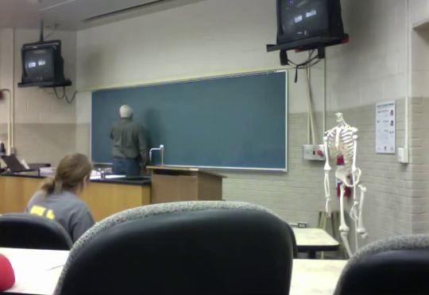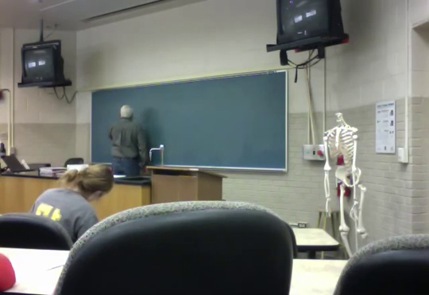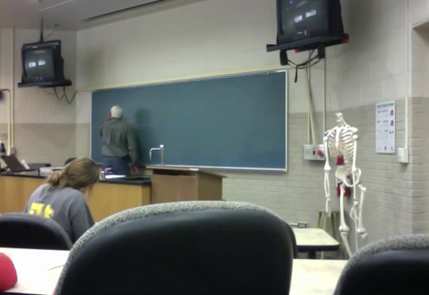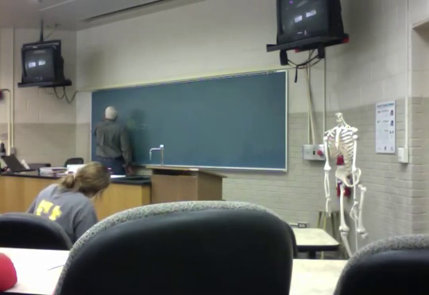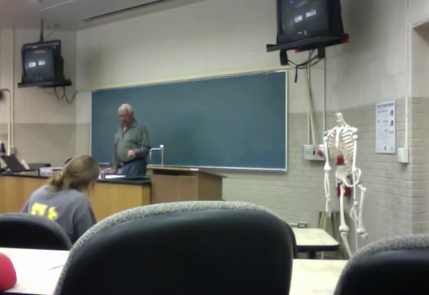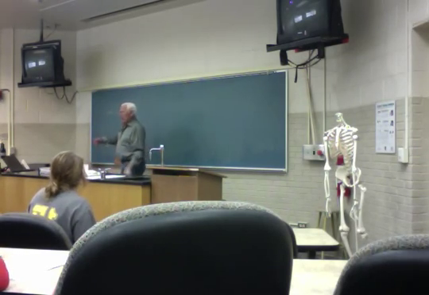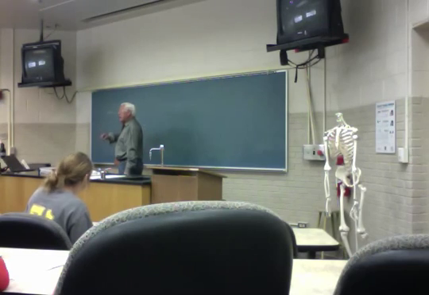This right here is the white matter. And it's white because of oligodendrocytes. And the white matter is divided into columns.